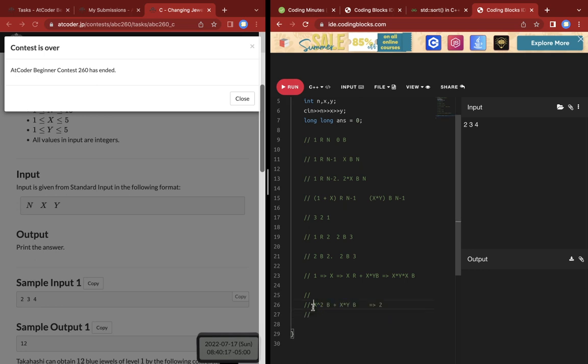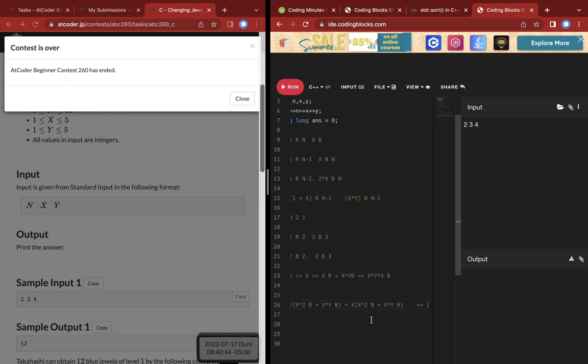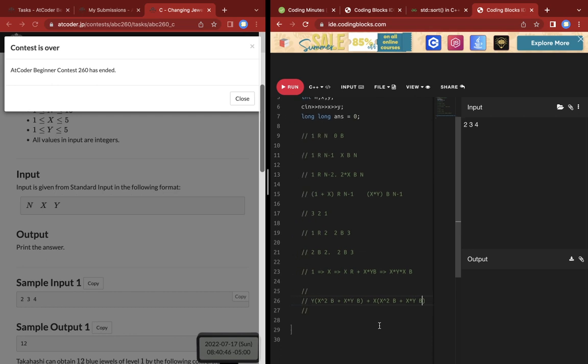So y into this thing, and then plus x into the number of this, because each blue jewel can convert into a red one, and then in turn the red one can convert into x blue ones, right? It's like doing this again and again.